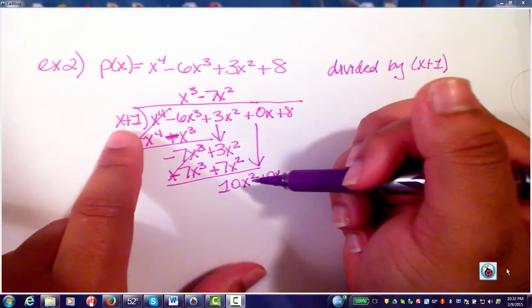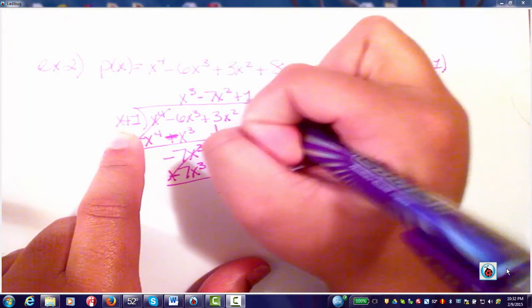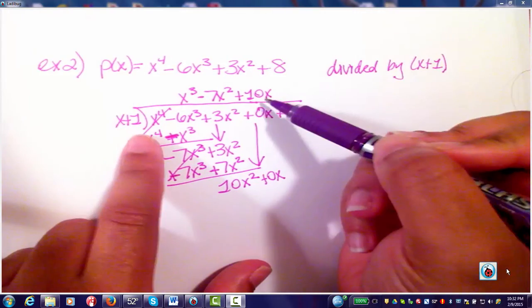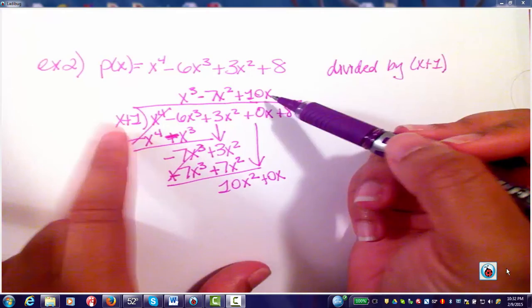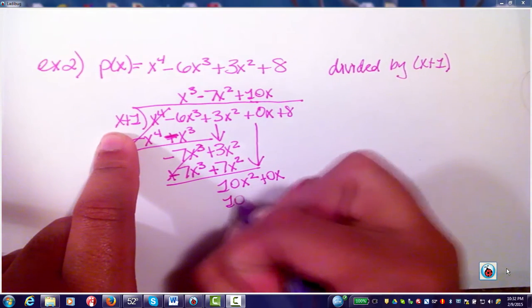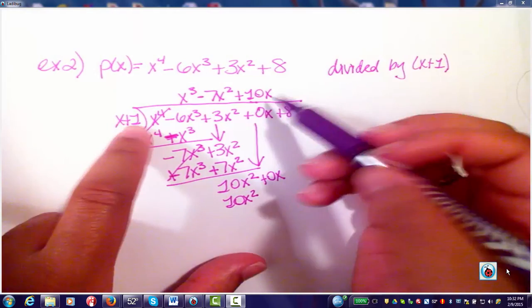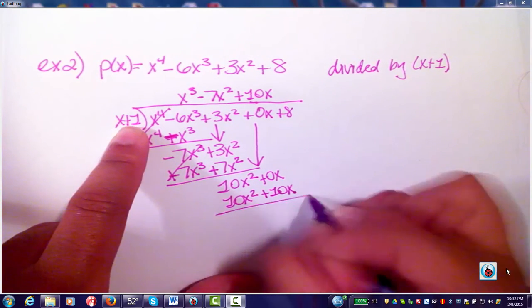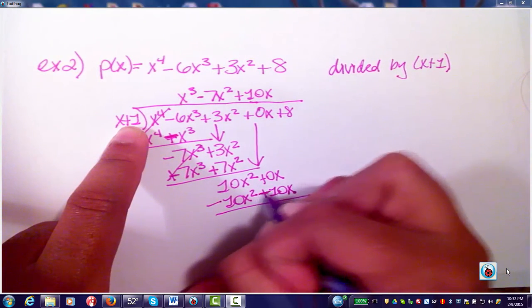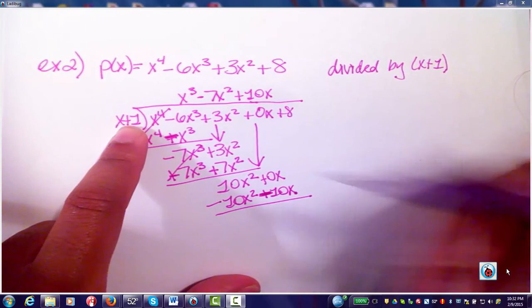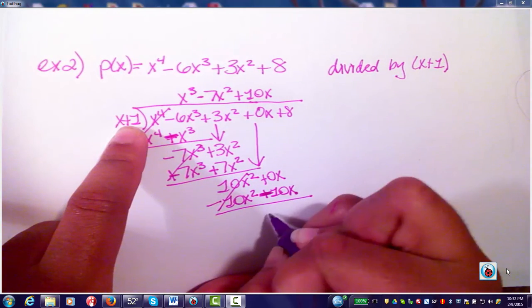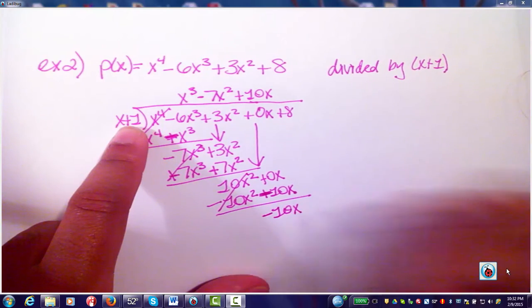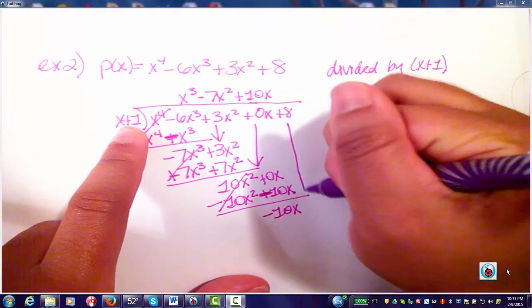10x squared divided by x is 10x. 10x times x is 10x squared. 10x times 1 is 10x. Drawing a line, change both signs. Then these cancel, and we're left with negative 10x. Bring down our 8.